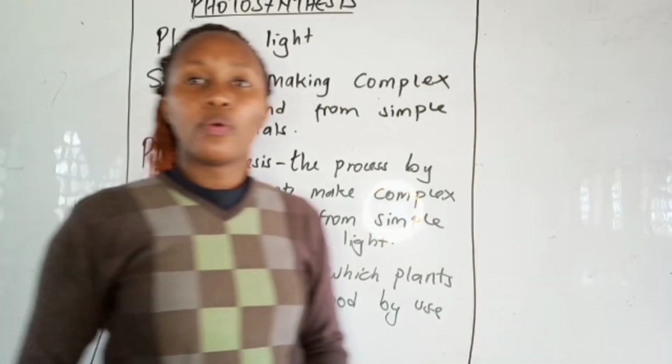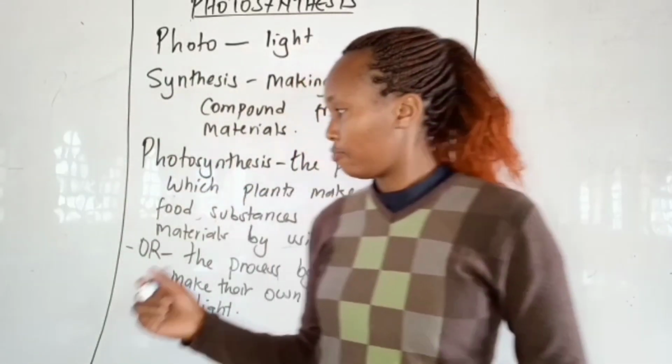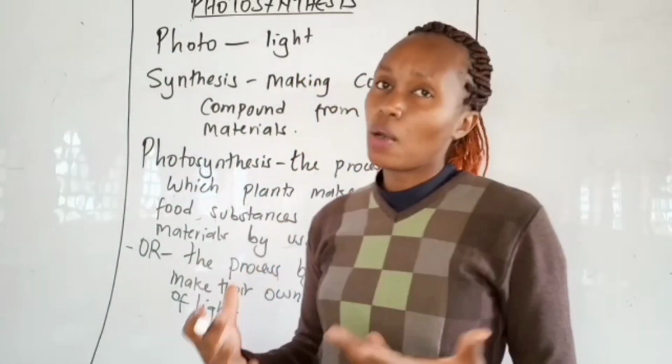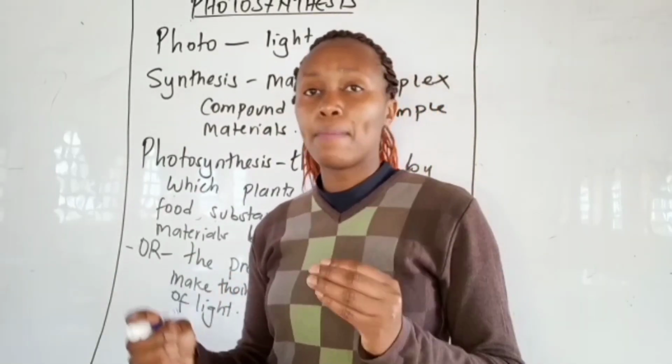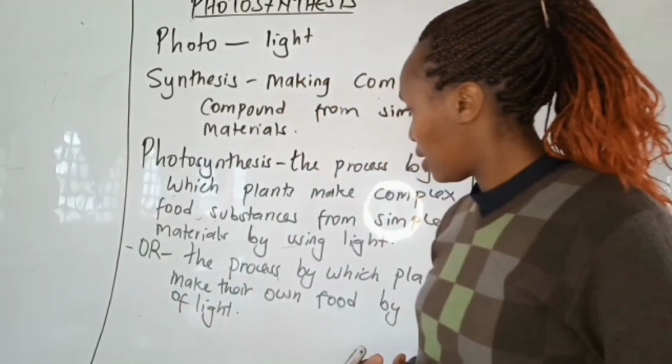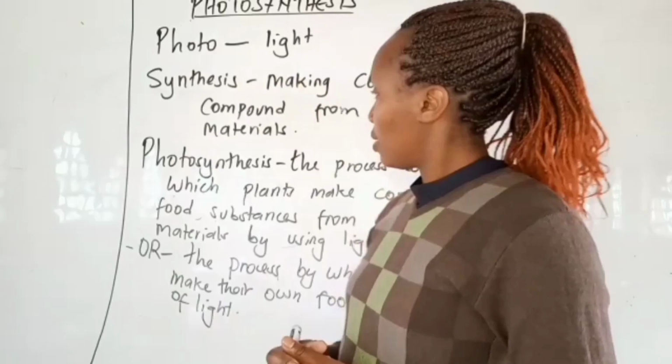So that is the simple way to define photosynthesis. We are making complex food materials from simple substances by use of light.